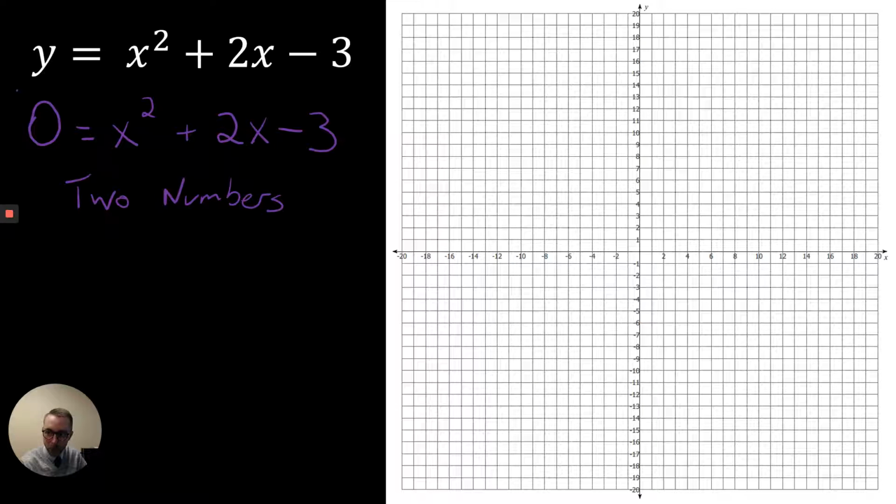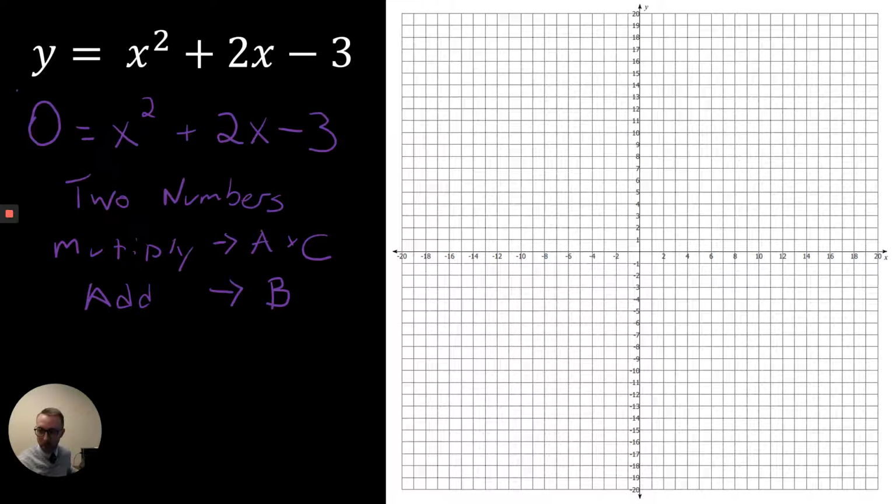When we multiply them, they should give us A times C, and when we add them, they should give us B. So there's that A, B, C. Again, remember A is the coefficient in front of x squared, B is the coefficient in front of x, C is the term that doesn't have a variable. So we're looking for two numbers that multiply to 1 times negative 3. So we're looking for two numbers that multiply to negative 3 and that add to positive 2.